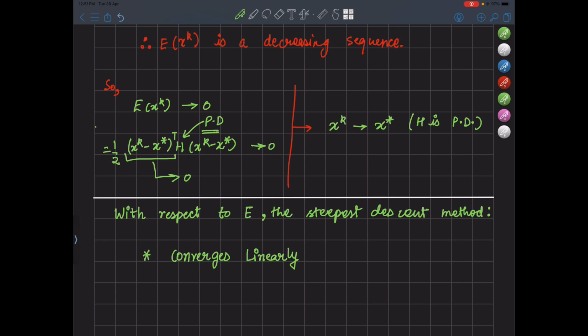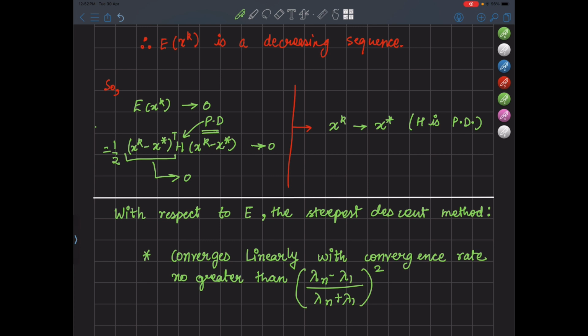Converges linearly with convergence rate no greater than lambda n minus lambda 1 upon lambda n plus lambda 1.